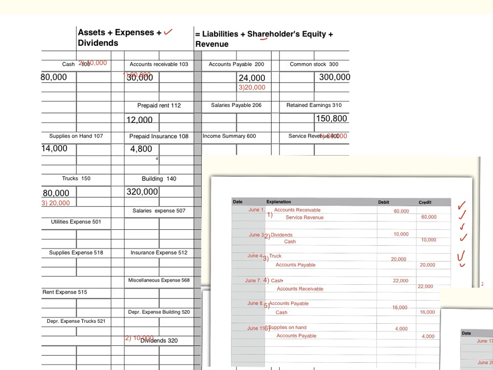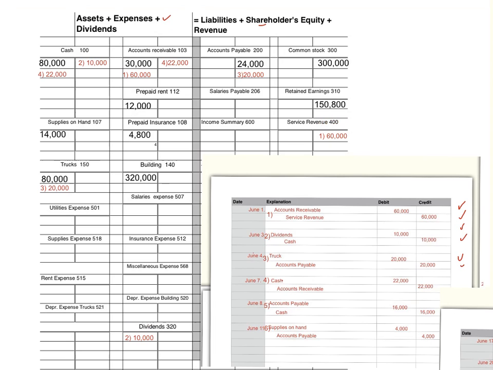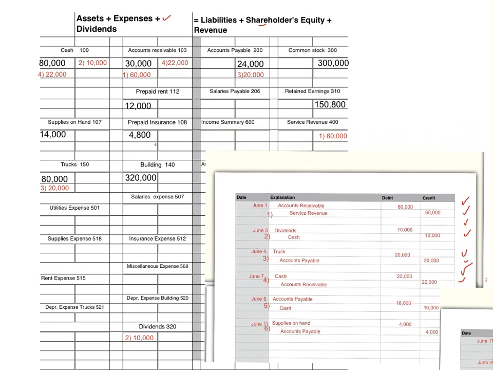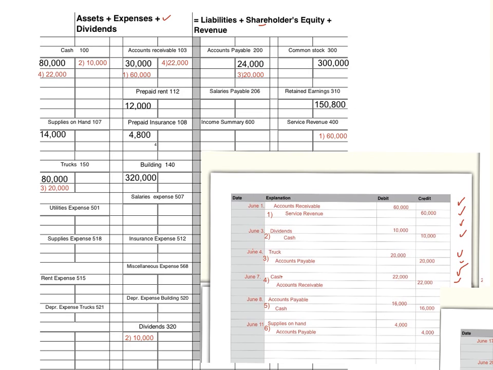The next one, the journal entry, debiting cash and crediting accounts receivable. So a debit to cash, 22,000, and a credit to accounts receivable, 22,000. Now I have a debit to accounts payable and a credit to cash.